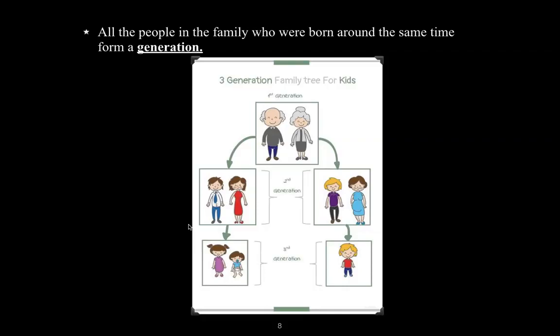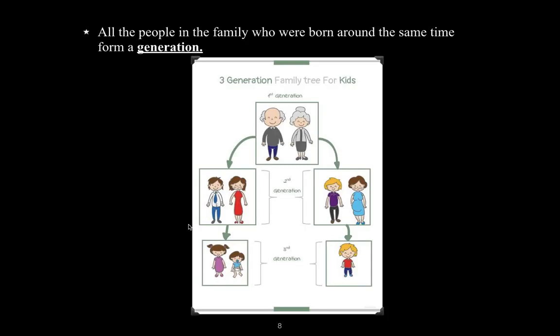Now let's look upon what you mean by the word generation. All the people in the family who were born around the same time form a generation. Kindly have a look at this picture. You'd find your parents belong to one generation, whereas your parents, your uncle, aunt belong to another generation.